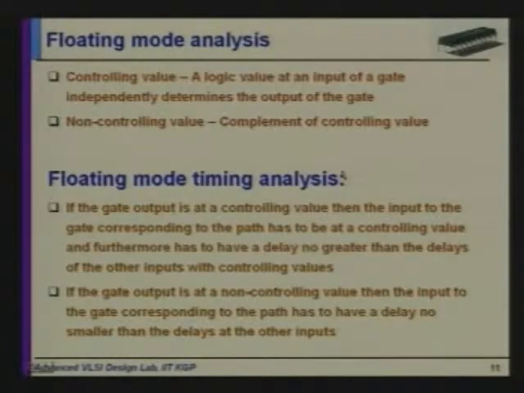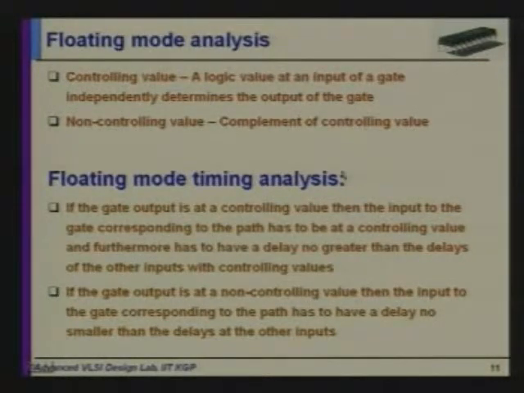Now we go to the algorithms part of it: how we can find false paths with a proper algorithm. Before that, we introduce two notions: first, controlling value and non-controlling value. A controlling value is a value at one of the inputs of the gate that determines the value at the output irrespective of the other inputs.